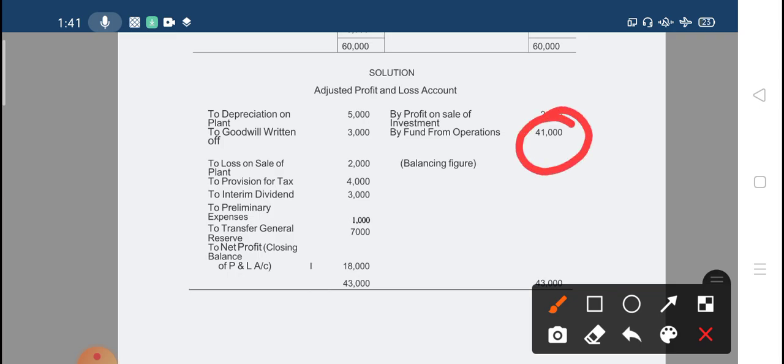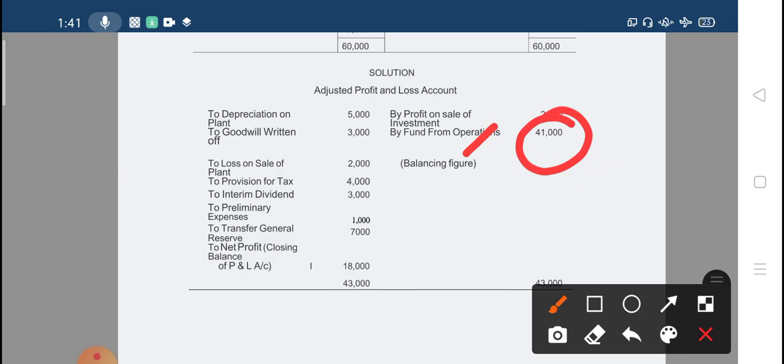So that is written as by fund from operations. This is how fund from operations is ascertained by using the given P&L account and information.